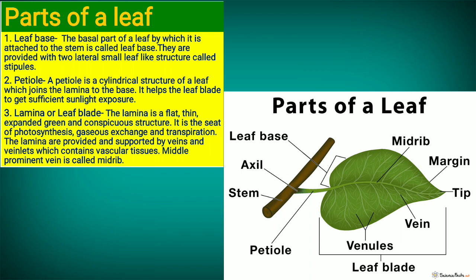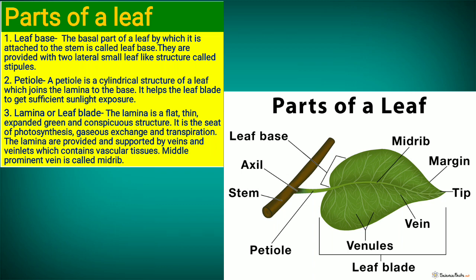Now, from the region of the leaf base, there comes a stalk-like structure, and it is called the petiole. A petiole is a cylindrical structure of a leaf which joins the lamina to the base, and it helps the leaf blade to get sufficient sunlight exposure.